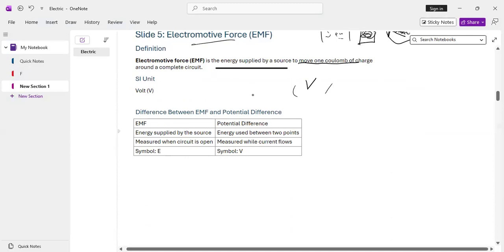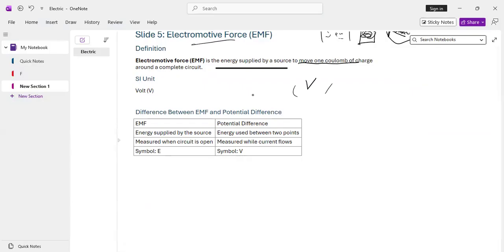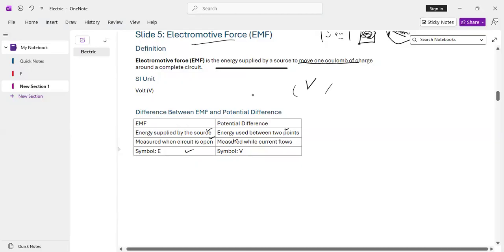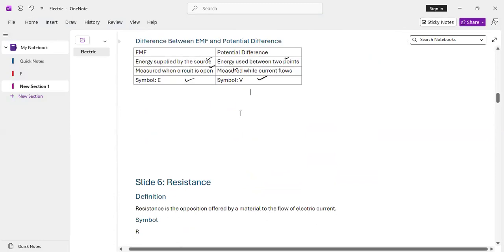So we need to know the difference between EMF and potential difference. EMF is the energy supplied by the source, while potential difference is the energy used between 2 points. Then EMF is measured when the circuit is open, while potential difference is measured while the circuit is closed. So the symbol is this. This is also the symbol. So note the differences.